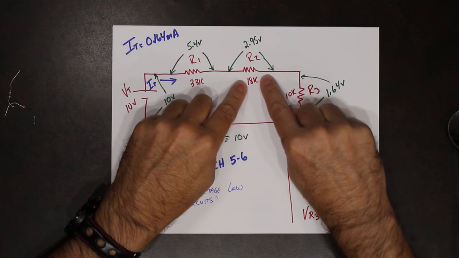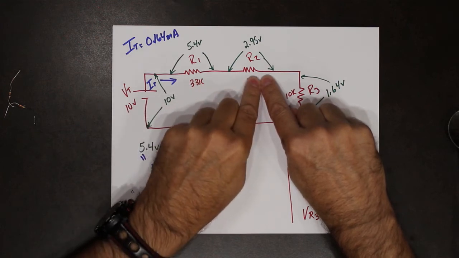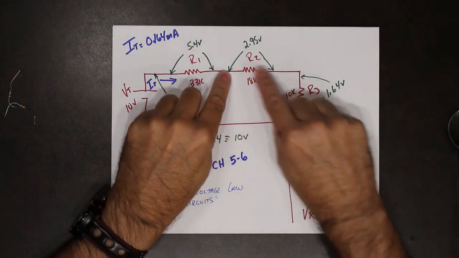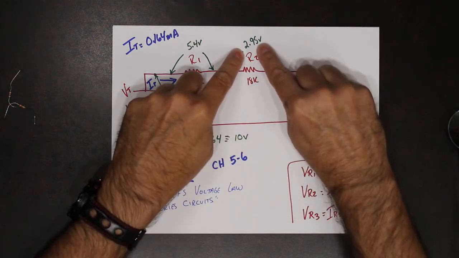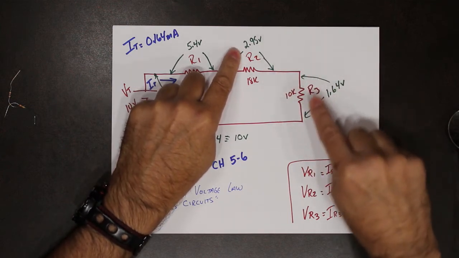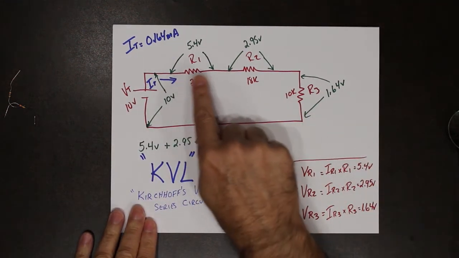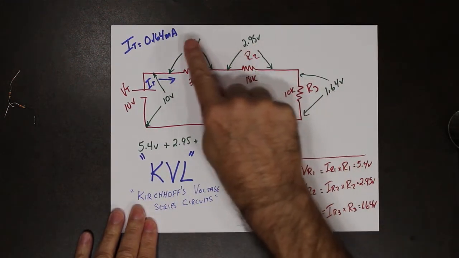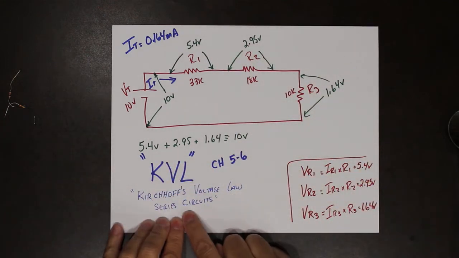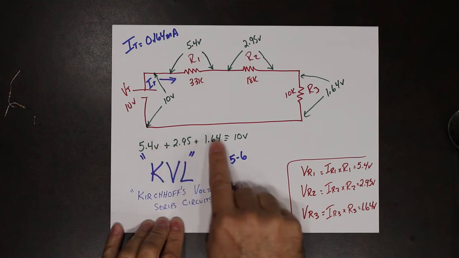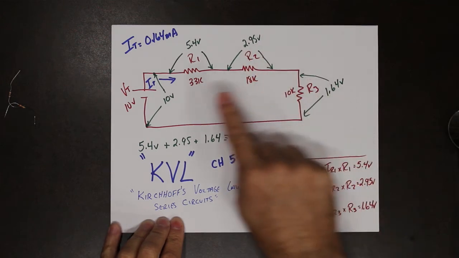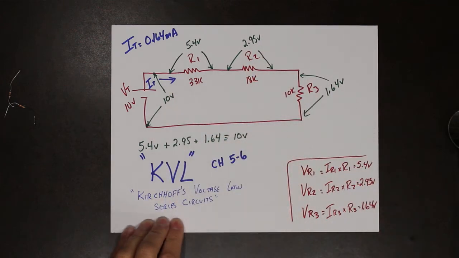Same thing here, and the same thing over here. And then when we add all of the individual voltage drops, according to Kirchhoff's voltage law for series circuits, they all add up to the total. So the individual voltage drops add up to the total voltage applied.